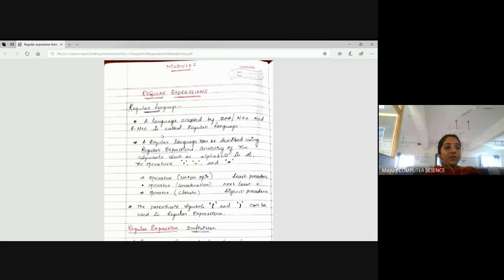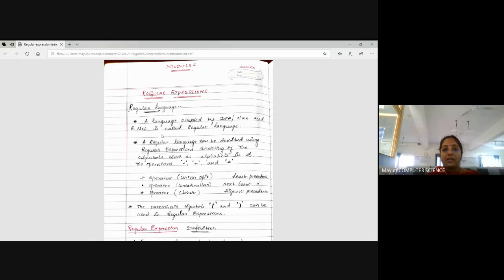And the use of regular expressions in regular language is to represent your regular language. Means a regular language can be described using the regular expressions. These regular expressions consist of not only the alphabetical symbols.